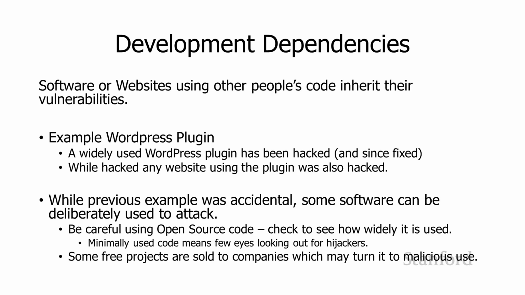Okay, another issue that will come up, particularly if you're developing a website or you're writing software, is if you are using somebody else's software on your website, or you're using open source code as part of a project you're working on, you inherit the vulnerabilities of that software.